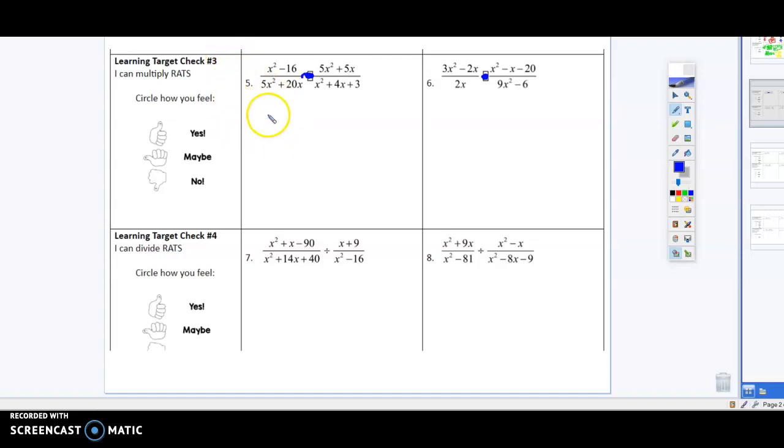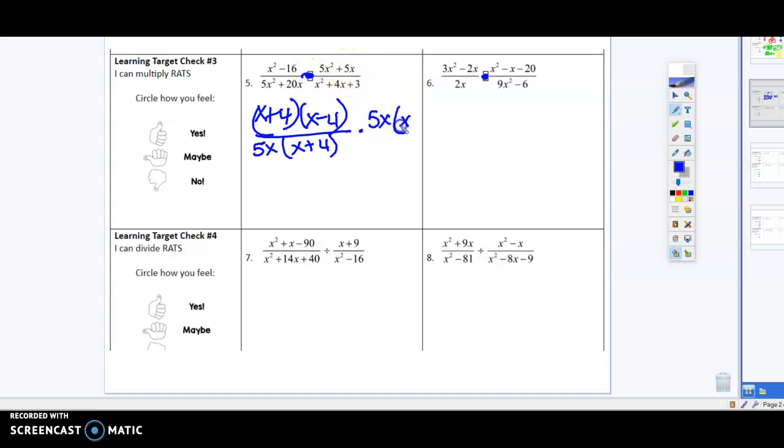So when I do that, I'm going to get x plus 4 times x minus 4 over, in this denominator, the biggest common factor is 5x. So if I pull out 5x, this is what I get. Over here, my greatest common factor is also 5x.